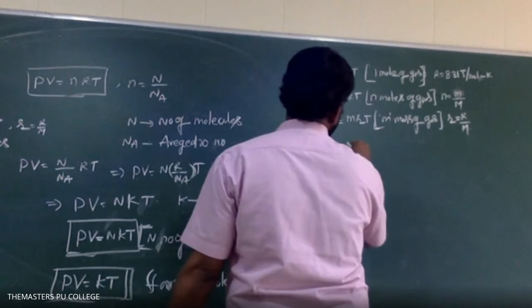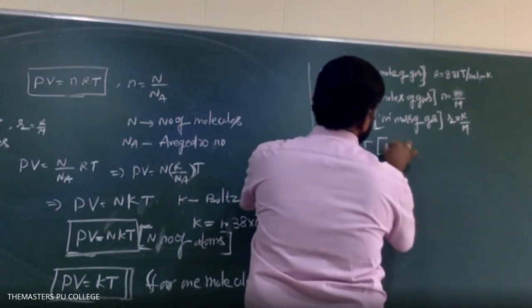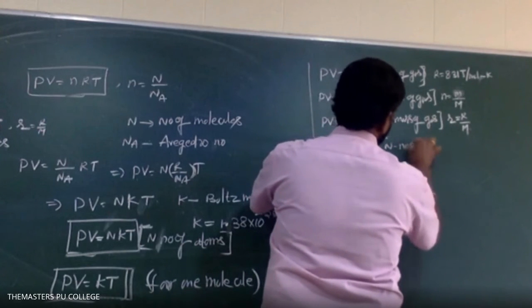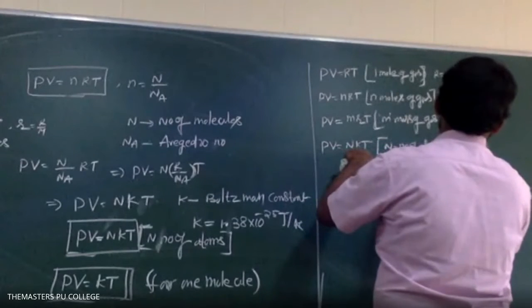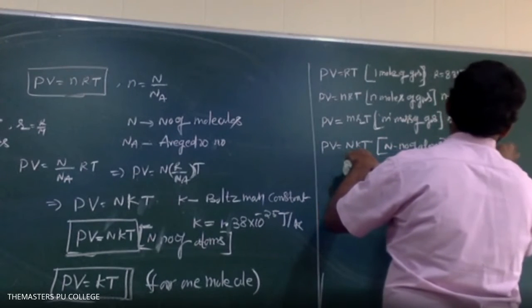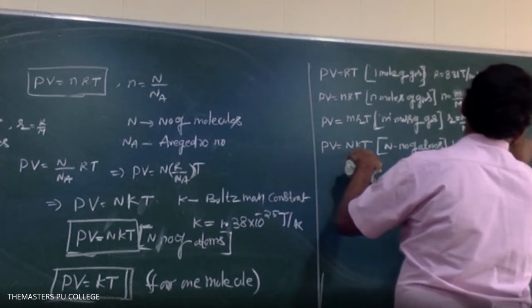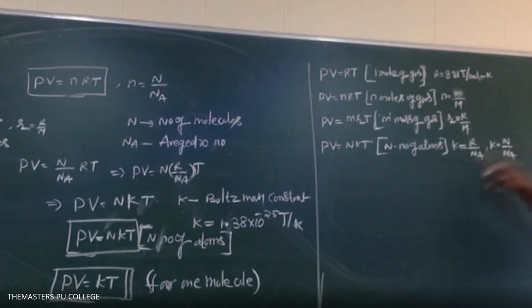Next one is PV equals NKT. What is this NKT? This is for N number of atoms. Here K equals R by Na, and K equals N divided by Na. Here K is called the Boltzmann constant.